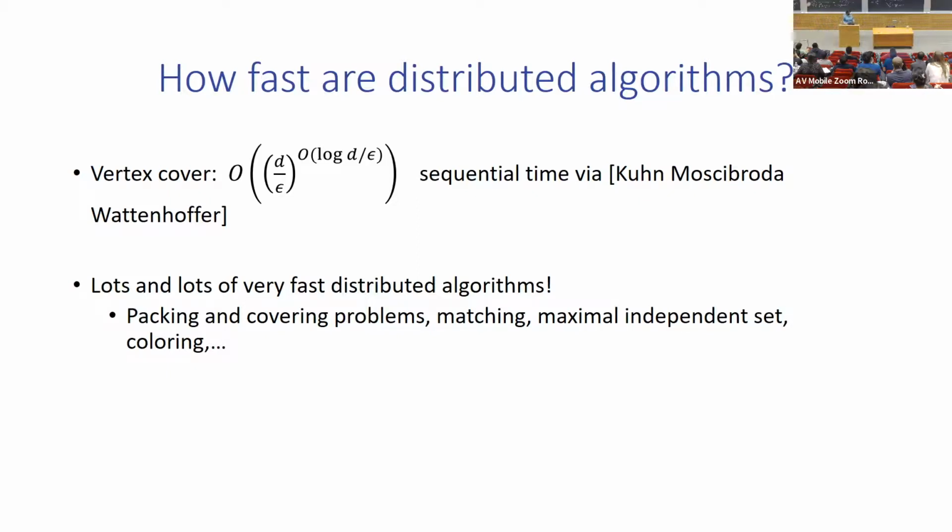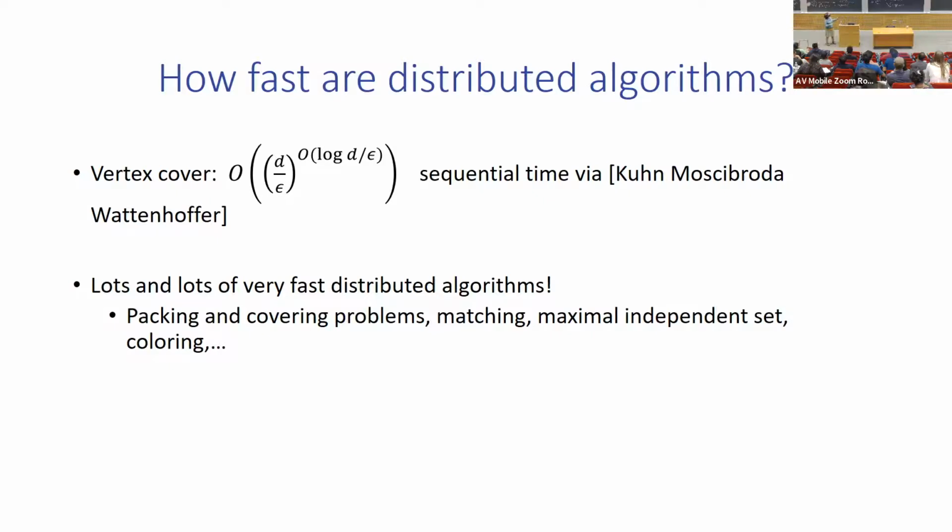In particular, this work of Kuhn, Moscibroda, and Wattenhofer gives a distributed algorithm for all LPs that are, I think they do packing and covering. I think they do all packing and covering LPs. They give you an approximation, and the running time is something like log D over epsilon, I believe. So I don't remember exactly what their running time is.